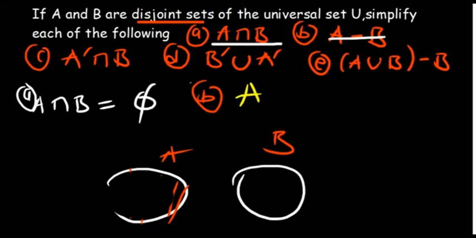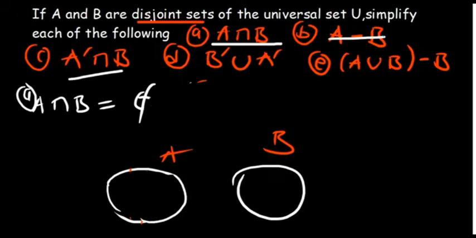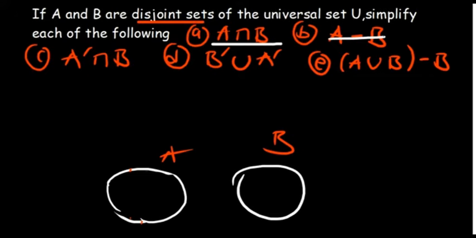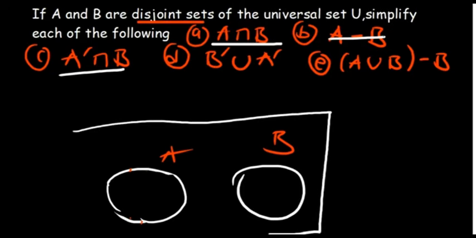Then what do we have for the other question? We have A complement intersection B. I can even erase this so that we have enough space here. So what does it mean when you say A complement?